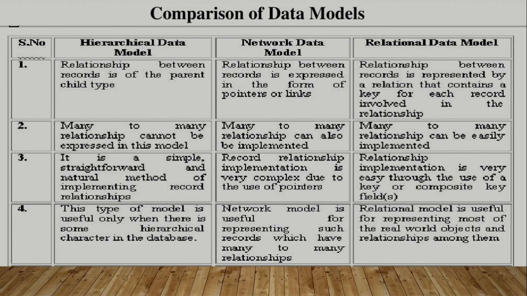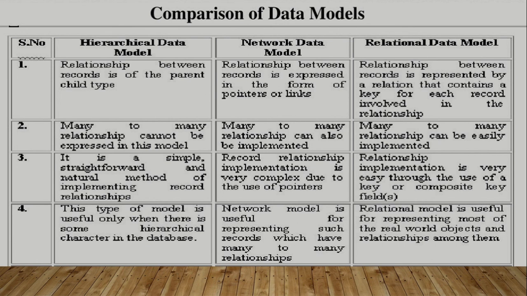Right. So the third point is that the hierarchical data model is a simple, straightforward, and natural method of implementing record relationships. The network data model is very complex due to the use of pointers, and the relational data model is very easy through the use of keys and composite keys, right?